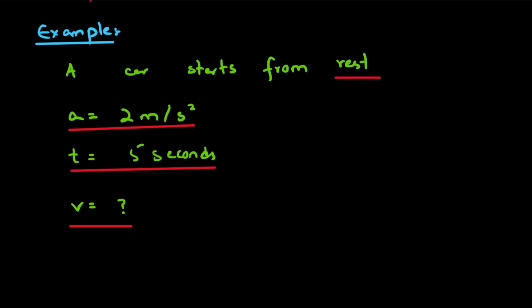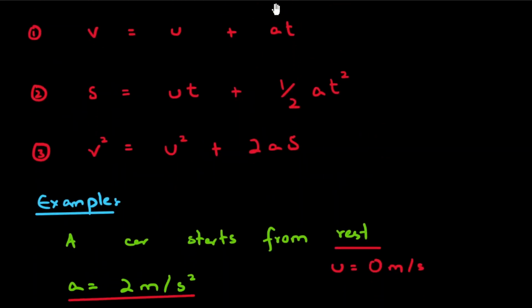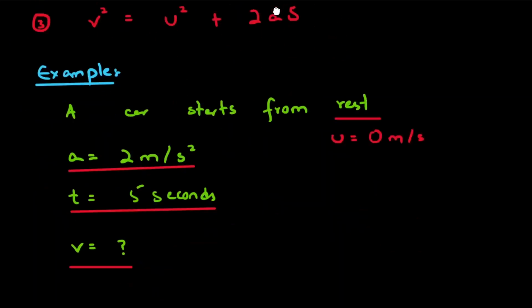It says the car starts from rest, which indicates that the initial velocity, u, is equal to 0 meter per second. So you have three details available and you have to find a fourth one. When solving this, you have to observe the equations of motion and pick out the best one to use in your situation.